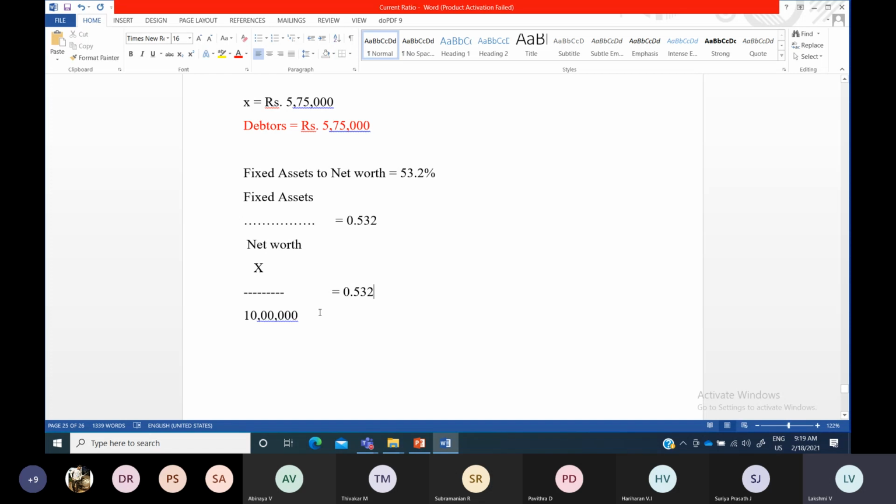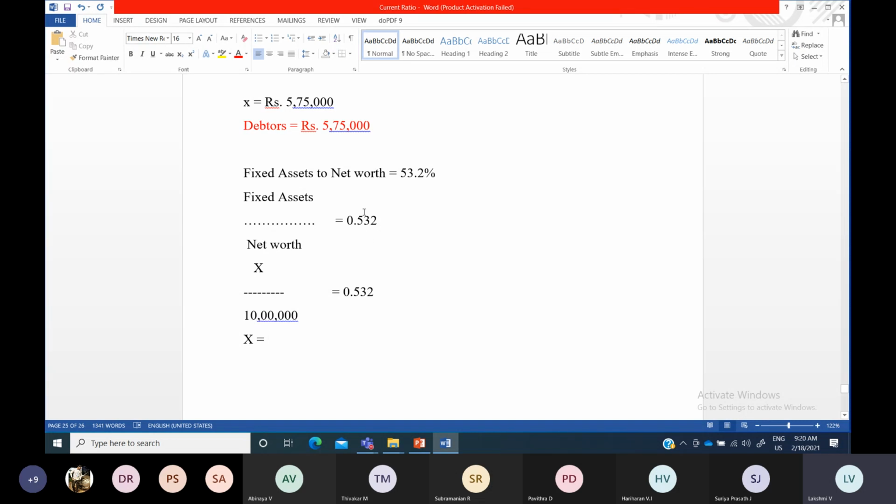Now how to calculate this X? X is equal to 10 lakhs into 0.532. If you cross multiply, you will get your X. What is this X actually? It is fixed assets. You know the net worth amount, so we have substituted 10 lakh rupees here, and they have given 53.2%. I'm going to convert that 53.2% by dividing by 100, so we are getting 0.532.